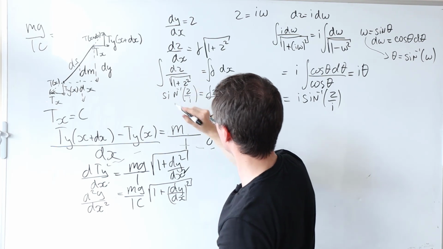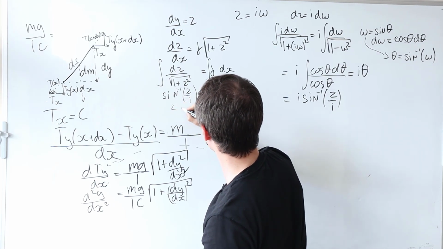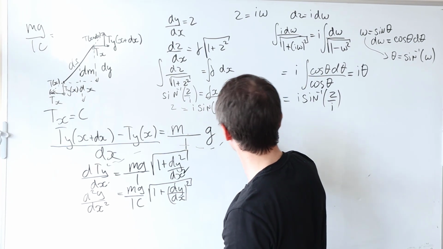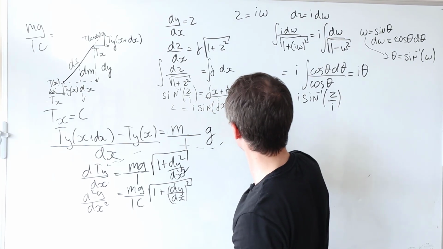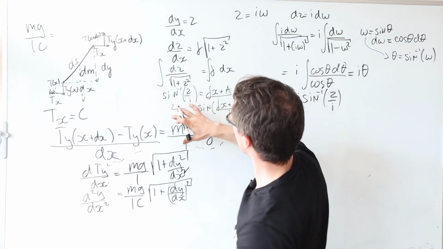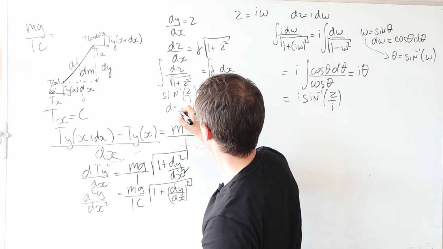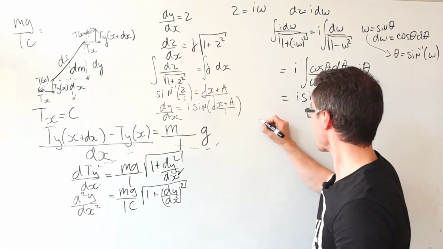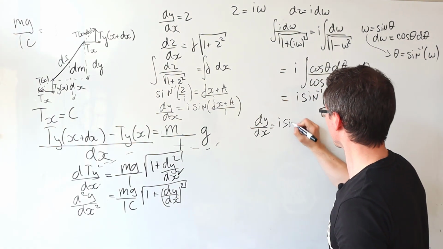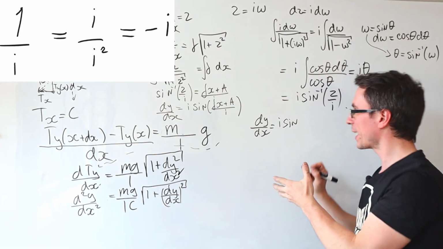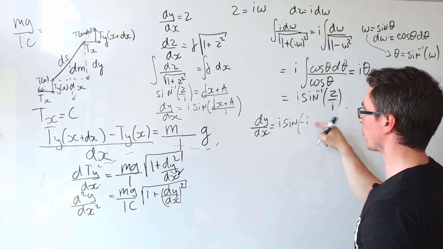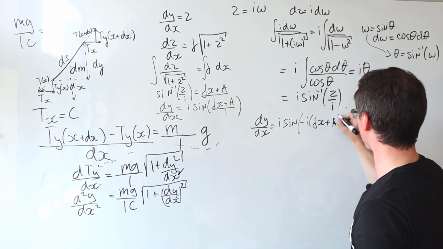So what we're going to get is z given by i multiplied by the sine of gamma x plus a, divided by i. z though is just given by dy by dx. So we can say that dy by dx will be given by i sine. Now dividing by i is the same as multiplying by minus i, because 1 over i is equal to minus i, gamma x plus a.